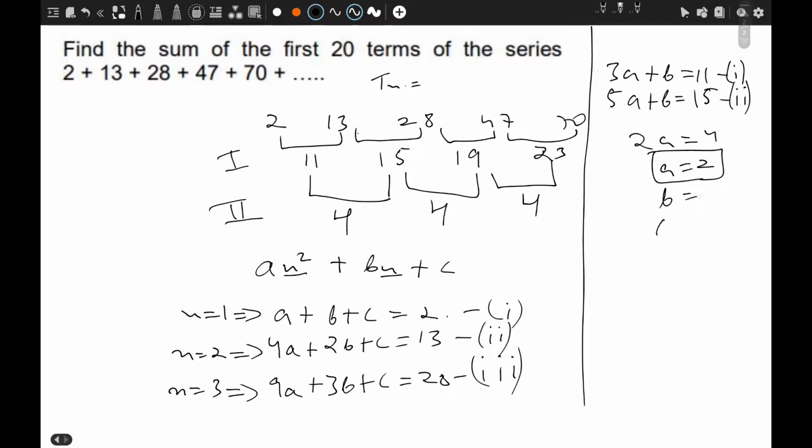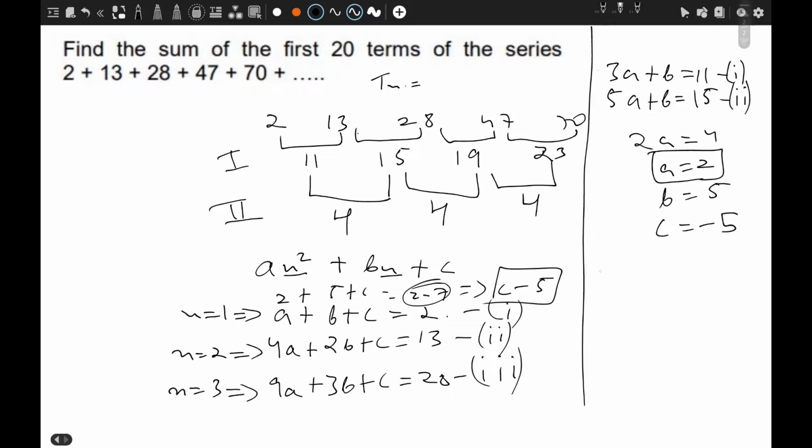Similarly, b is 11 minus 6, which is 5. In our main equation, 2 plus 5 plus c equals 2, so c becomes minus 5.